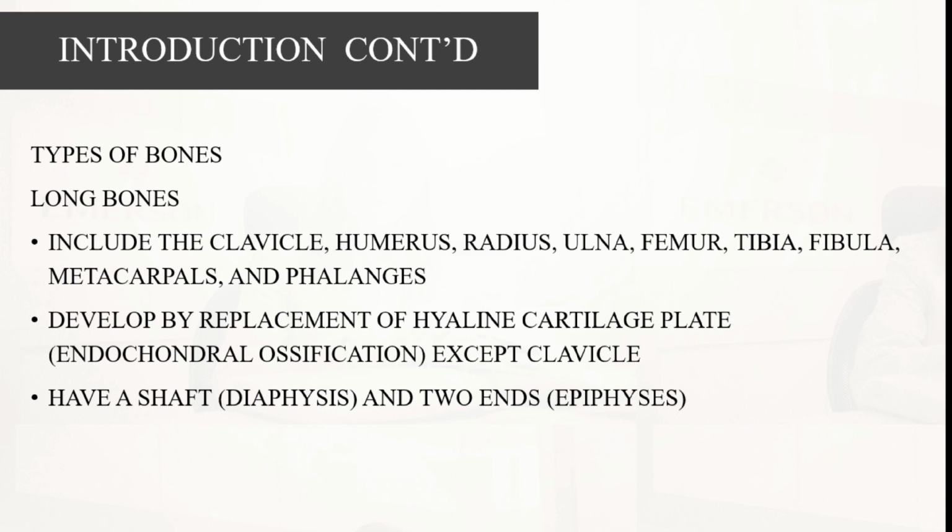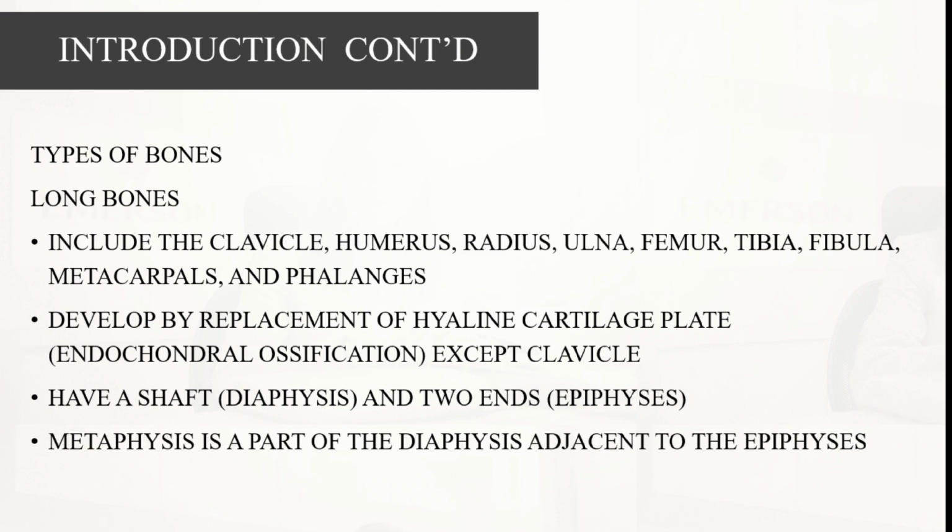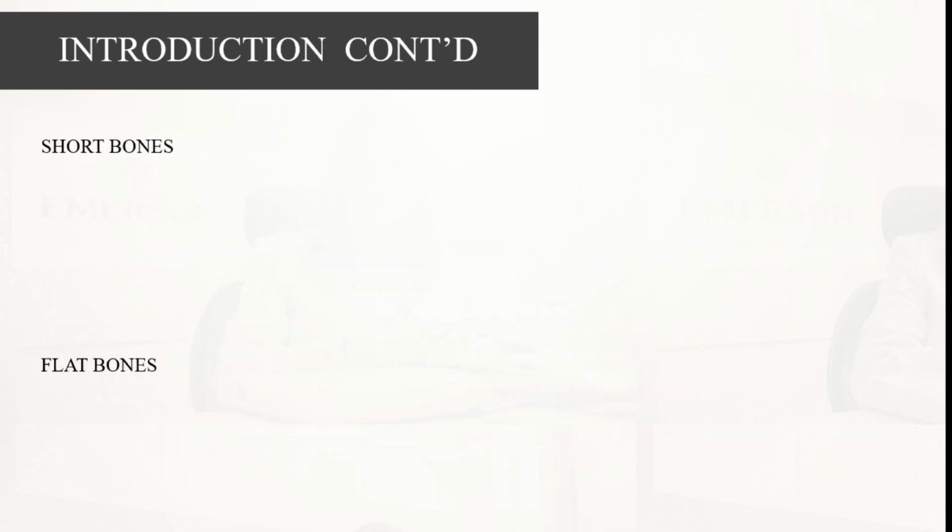Then they have a shaft, which is the diaphysis, and two ends, which are the epiphyses. The metaphysis is a part of the diaphysis adjacent to the epiphysis. So in short, we have the epiphysis, metaphysis, and the diaphysis. These are the three anatomical parts of the long bones.